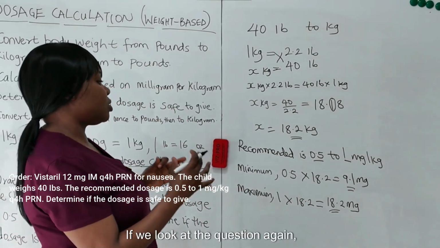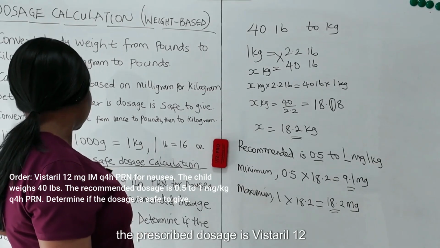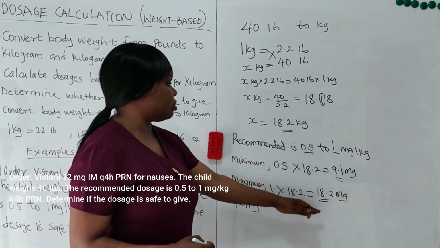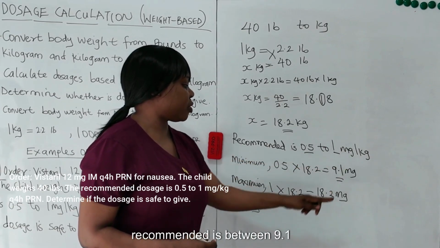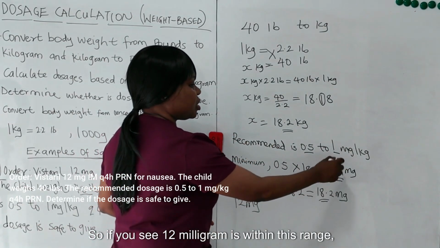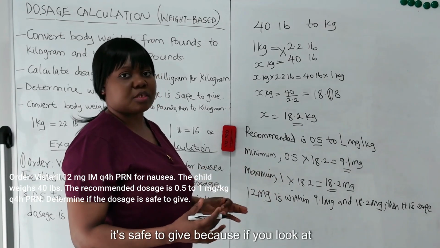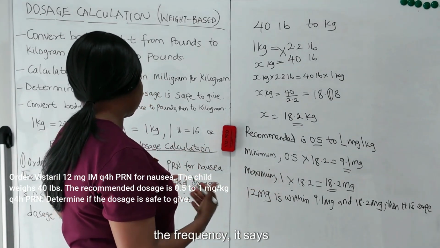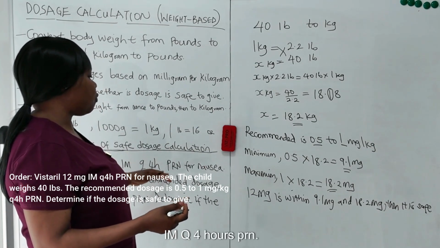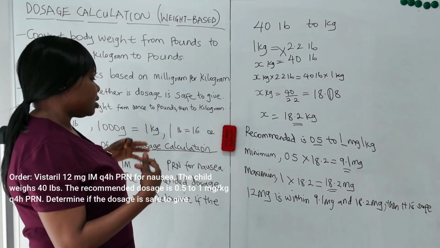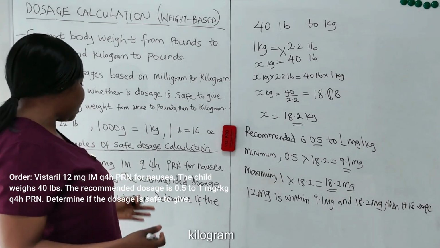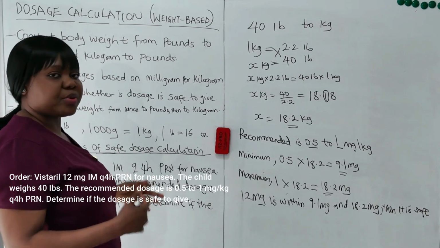If we look at the question again, the prescribed dosage is Vistaril 12 milligram, and the recommended is between 9.1 milligram and 18.2 milligram. So 12 milligram is within this range, so it's safe to give. Looking at the frequency, it says 12 milligram of Vistaril IM Q4 hours PRN, and the recommended is 0.5 to 1 milligram per kilogram Q4 hours PRN.